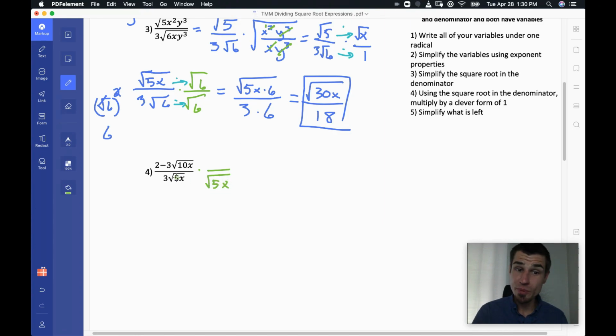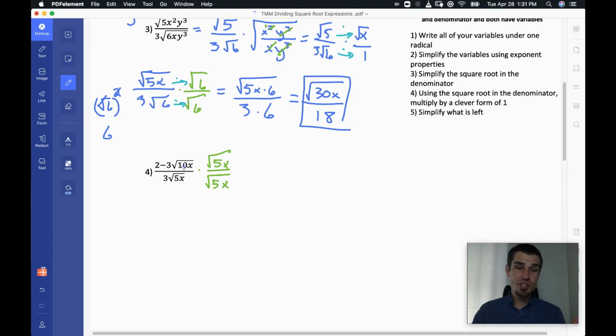So if we multiply the square root of 5x times the square root of 5x, that square root will cancel. The variables don't change anything. We just take whatever that factor is, the square root of 5x, and multiply it by the square root of 5x. But remember, clever form of 1. So if we need a square root of 5x in the denominator, it's got to be in the numerator as well. So we need to multiply by the square root of 5x over the square root of 5x.